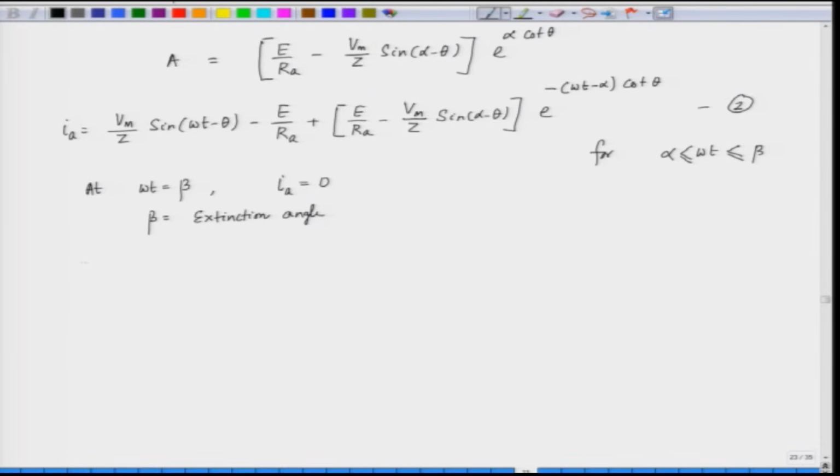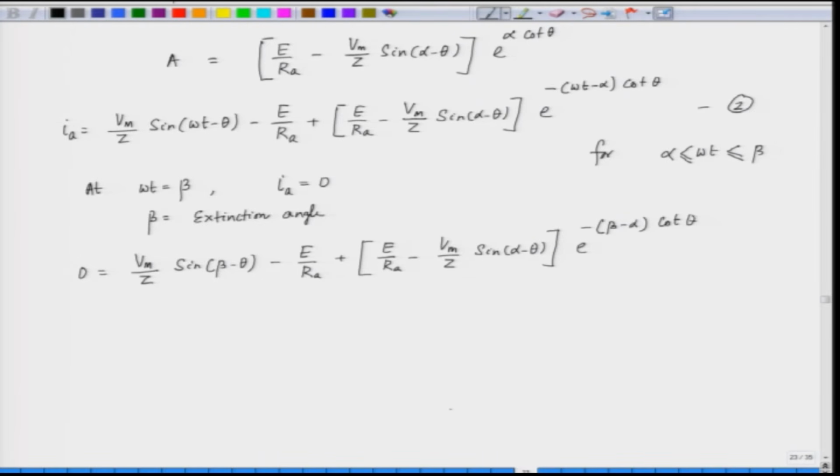What we get here is 0 is equal to V m by z sin beta minus theta, minus E by R A, plus E by R A minus V m by z sin alpha minus theta, exponential minus beta minus alpha cot theta.